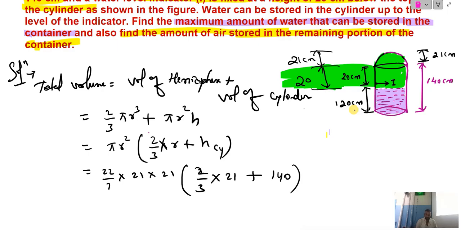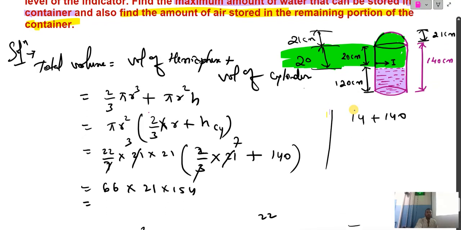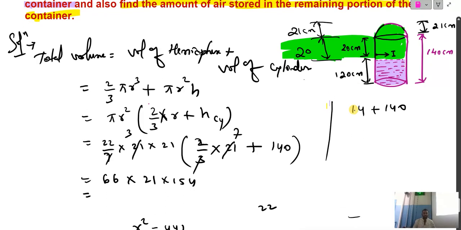Correct? Then 7 ones are 7, 3 sevens are 21, 22 into 3 is 66 into 21. 3 ones are 3, 7 twos are 14, plus 140. How much? 154. Am I right? Now calculate 66 into 21 into 154.